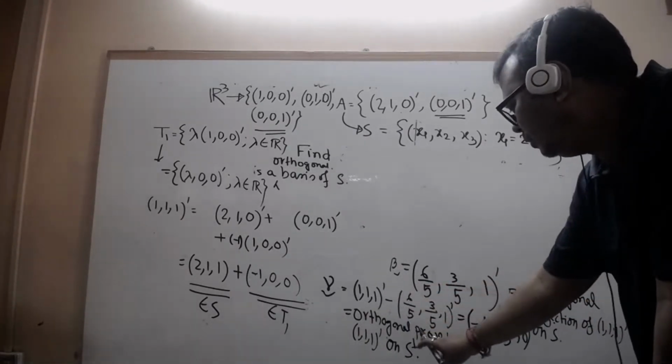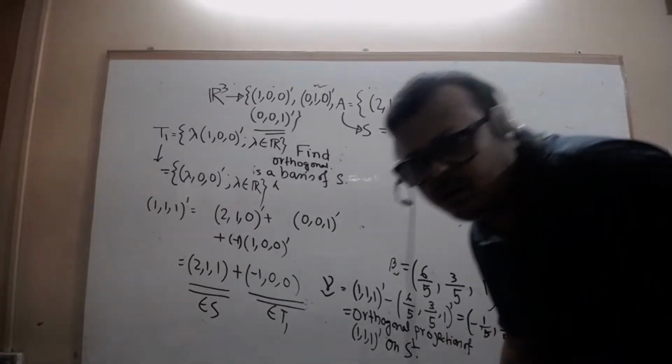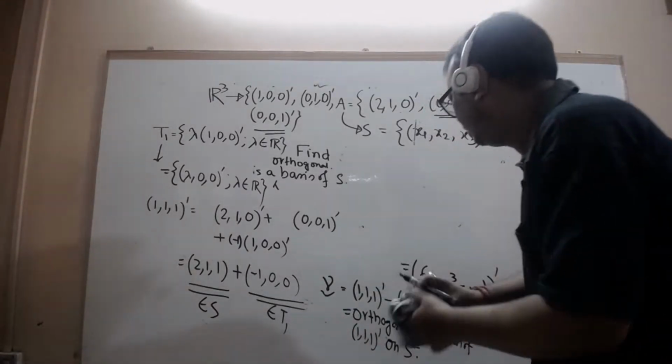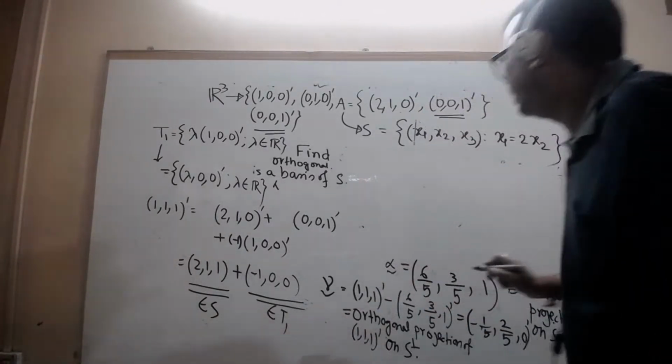Gamma curve is the orthogonal projection of S of alpha. Okay, alpha.